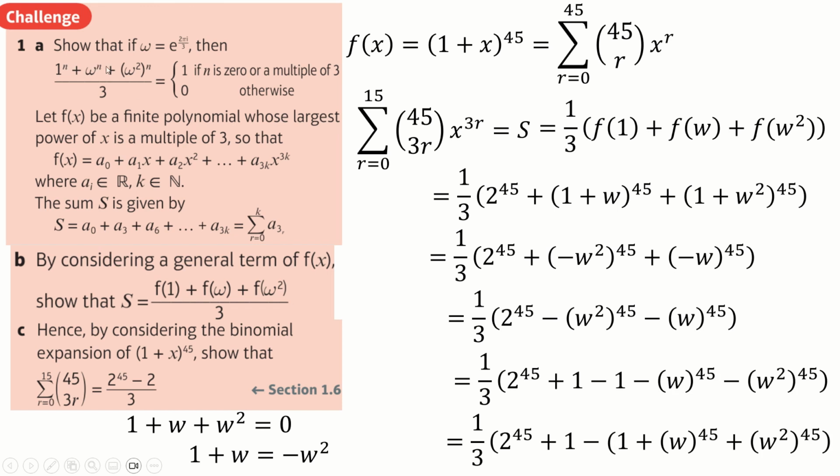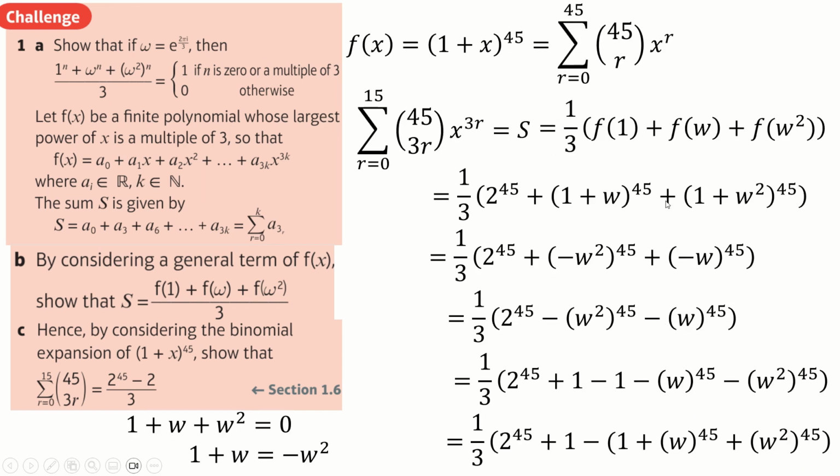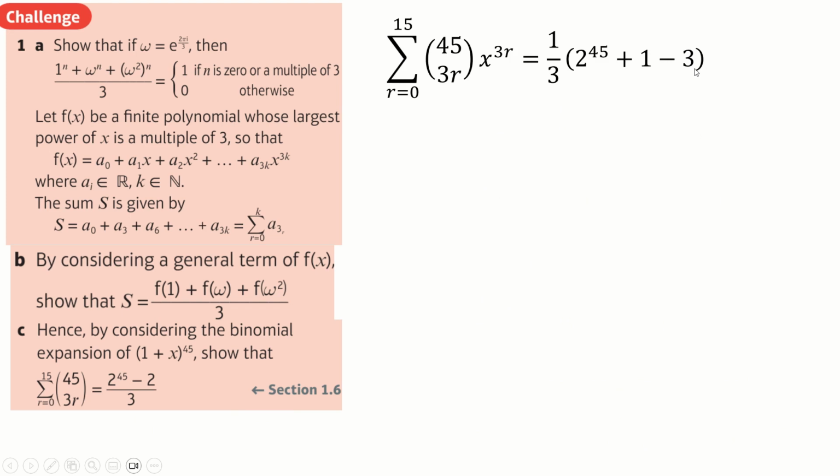Where n is 45. 45 is a multiple of 3, which makes this whole thing, because it doesn't have a 3 underneath it, that makes this whole thing 1. Makes the whole thing 3, right? Because then 3 over 3 is 1. So this whole thing, because n is a multiple of 3 in this case, this whole thing is 3. So I think I can just replace that thing with a 3 to make it there. That makes a minus 2, and I think I've arrived at what they wanted me to get.